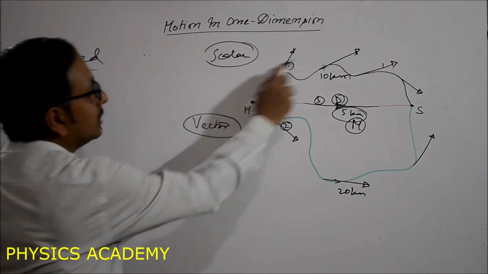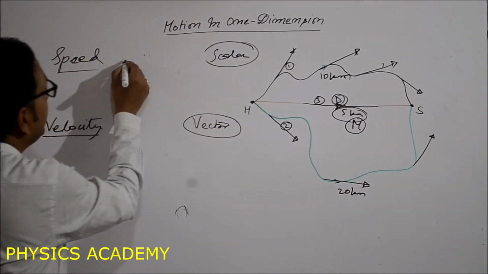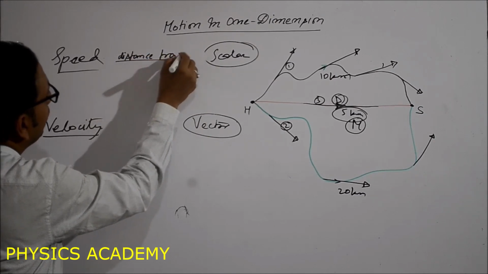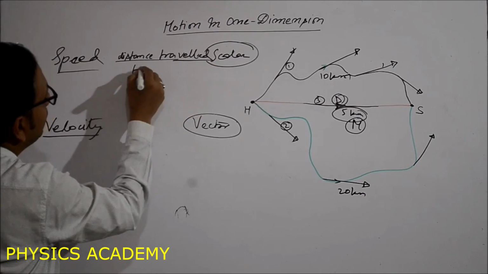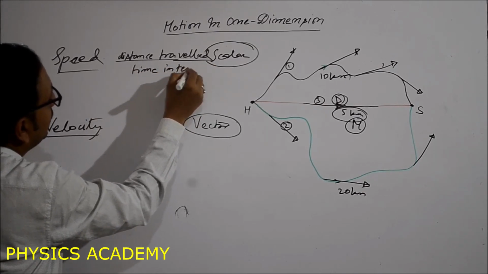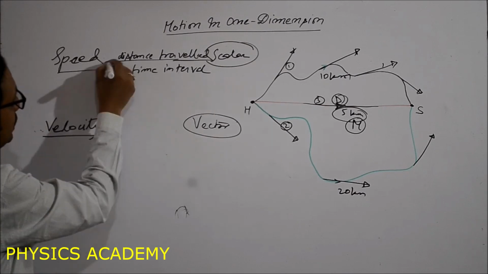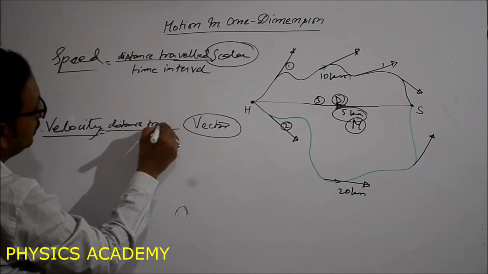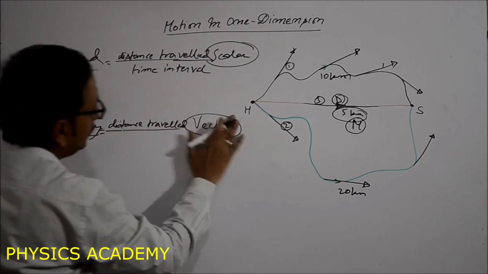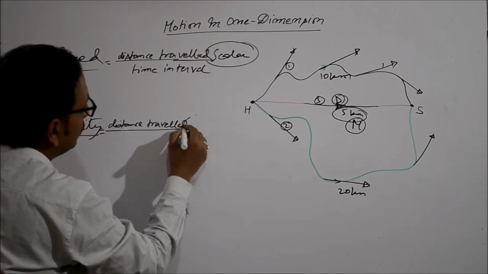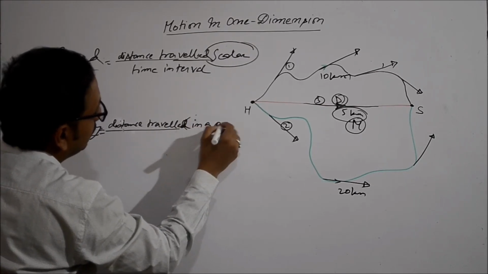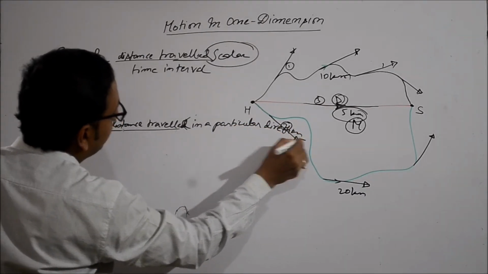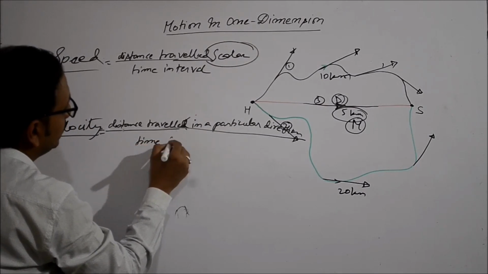That means if I now consider this part, speed is distance traveled by time interval, while velocity is the same, the upper one is the same, I will write distance traveled only, but I am rubbing this vector part, traveled in a particular direction. So in a particular direction by time interval.